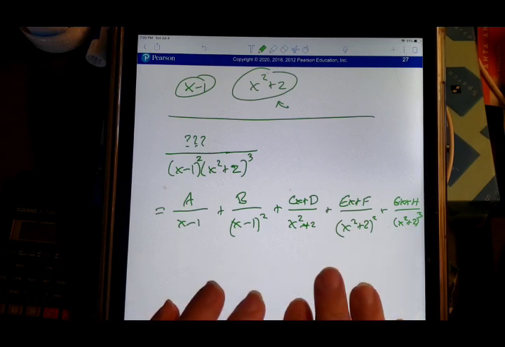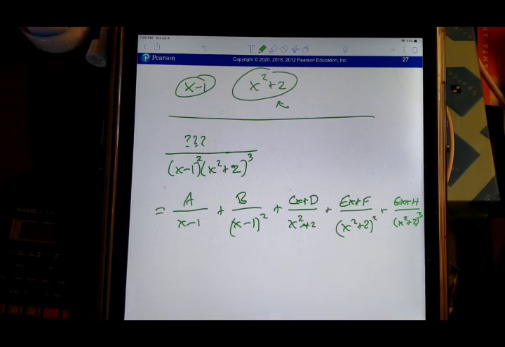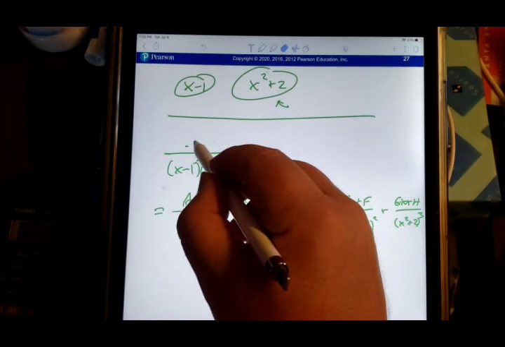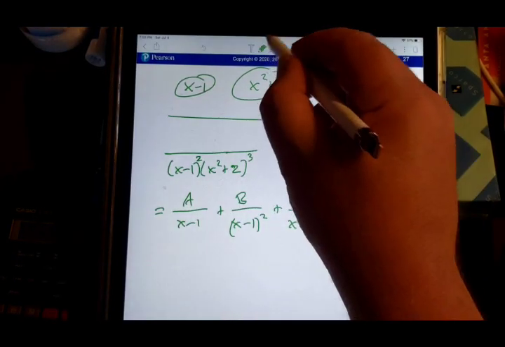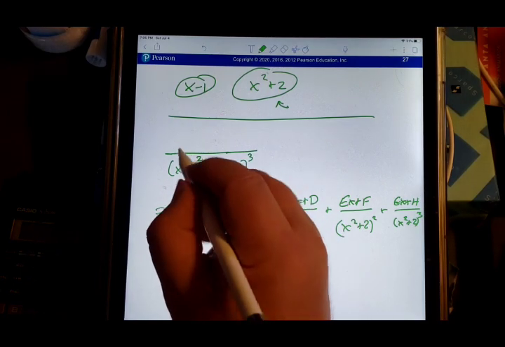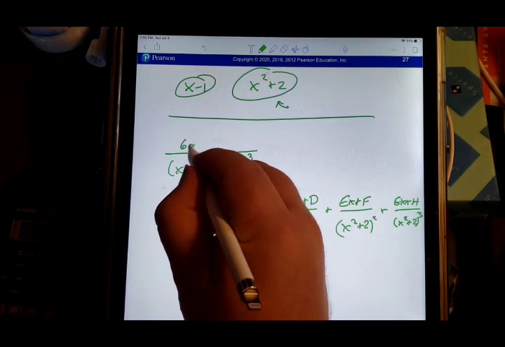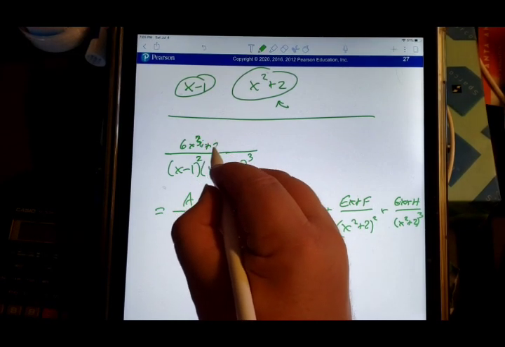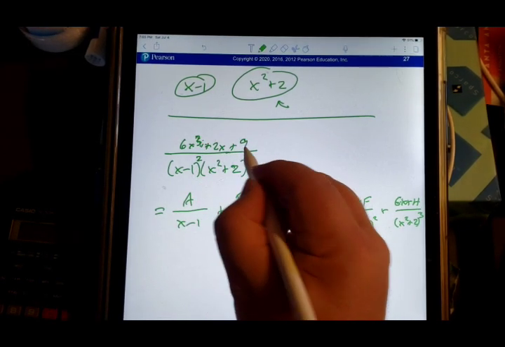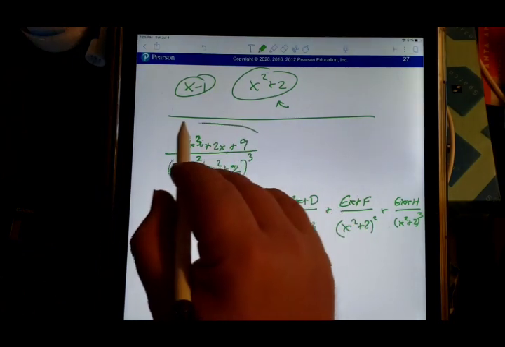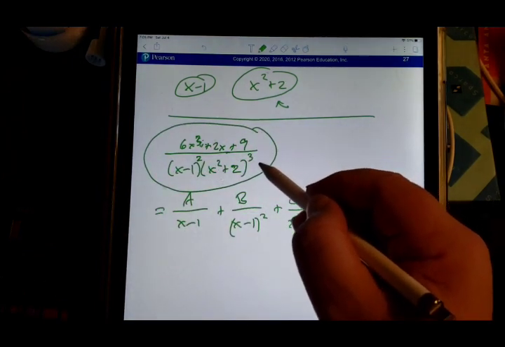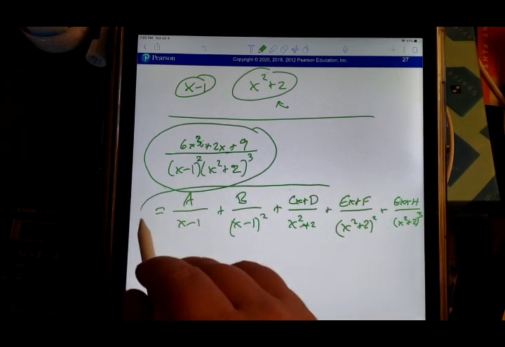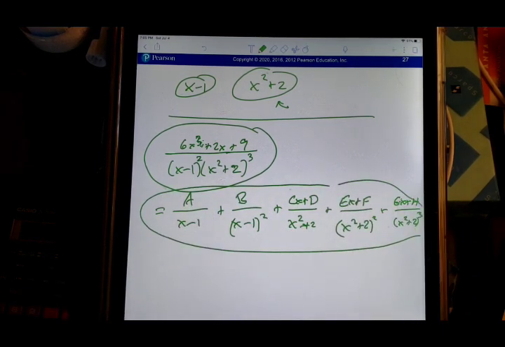But I do want you to be aware of it, and that is anytime you see a polynomial, let's just make something up. Let's say it had 6x cubed plus 2x plus 9. When you see a polynomial or a rational expression like this, it's the answer to a question that looks like this.